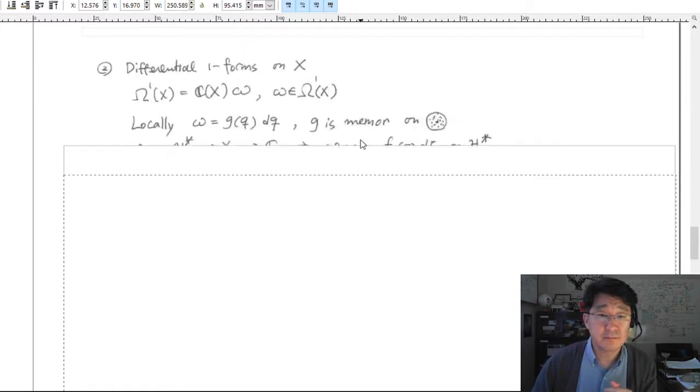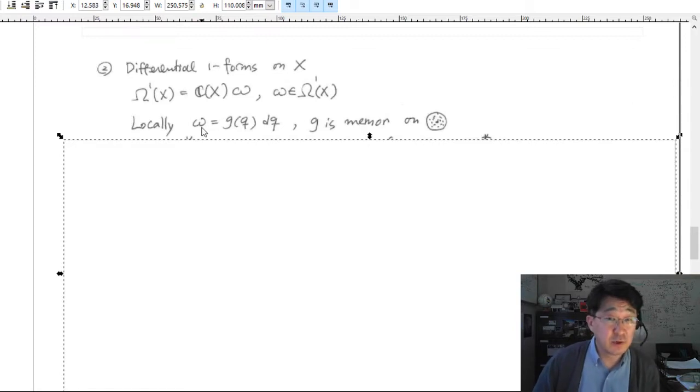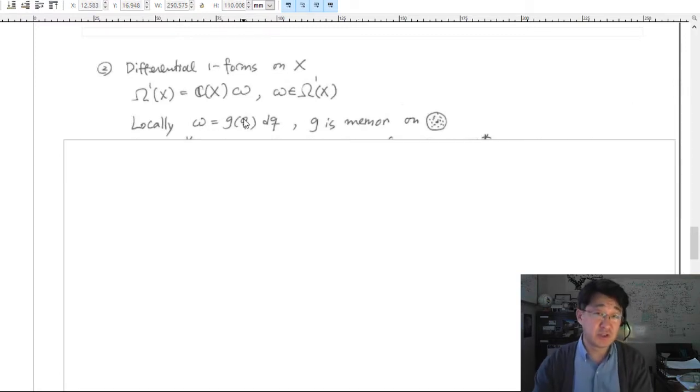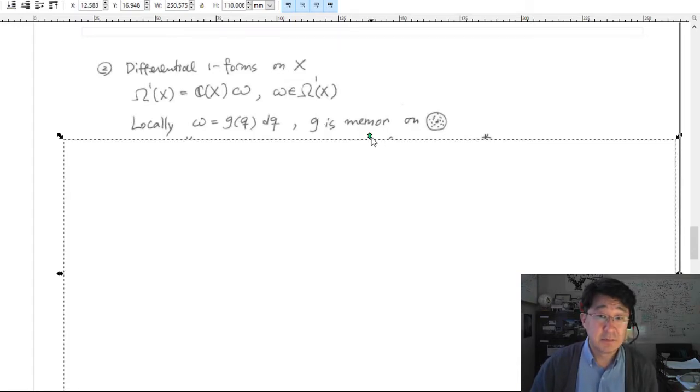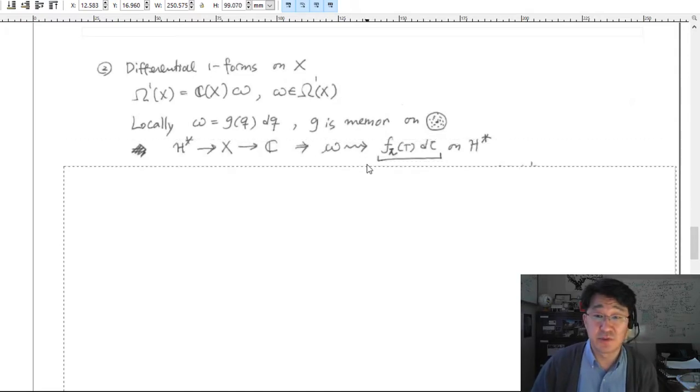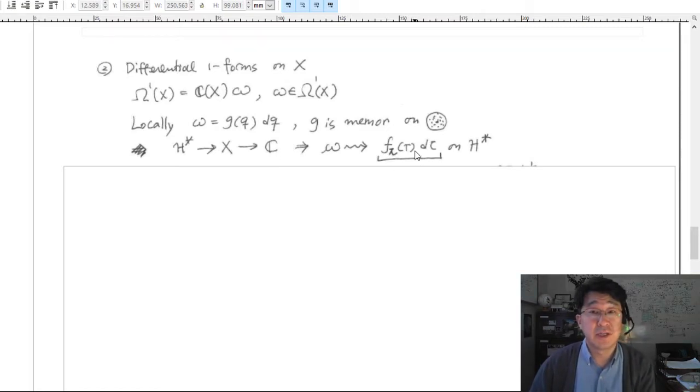Okay. So here's how it looks locally, because using the chart, a differential one form looks like a meromorphic function multiplied by this dq, where q is whatever the chart is, centered at that point. We looked at various examples of that chart. Because of that structure, the pullback of this one under the same projection onto X gives you locally a function.